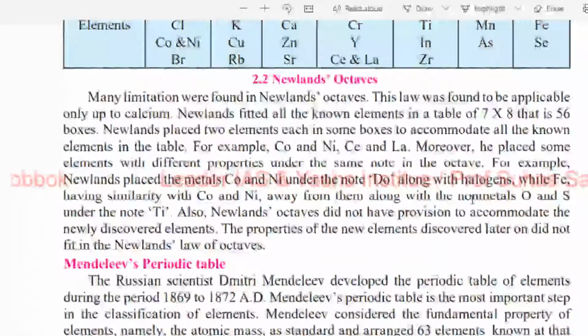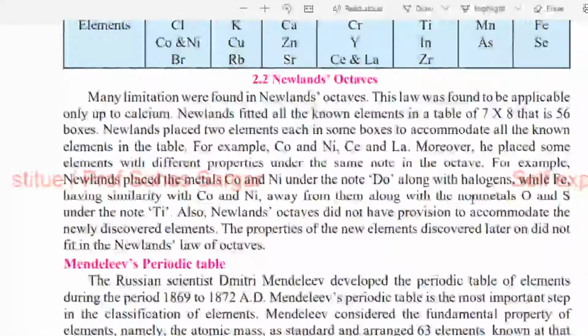Moreover, he placed some elements with different properties under the same notes in the octave. For example, Newlands placed the metals Ho and Ni under the note Do, along with the halogens, while Fe, iron, having similarity with cobalt and nickel, was placed away from them, along with the non-metals oxygen and sulfur under the note Ti. Also, Newlands' octave did not have a provision to accommodate newly discovered elements.